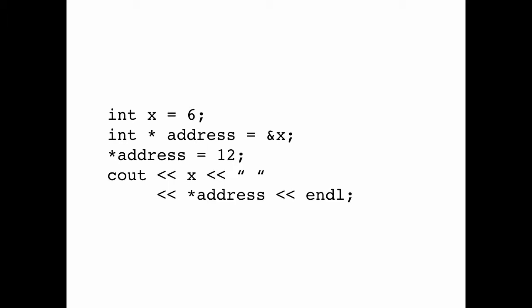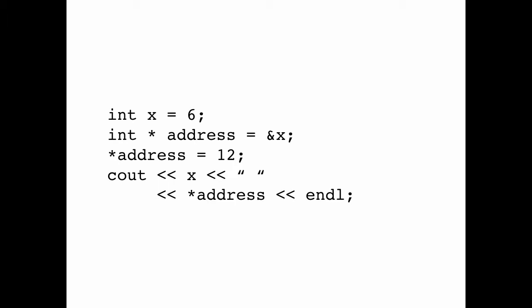Okay, so star address means dereference address, which is a value that can hold an address. Maybe this is confusing. So we have a variable named address, right? What type is address? It is sort of an integer, but what does the star make it? The address of an integer.